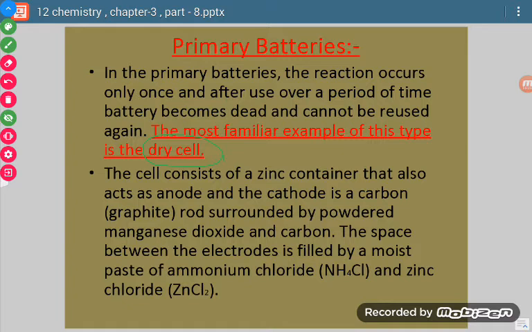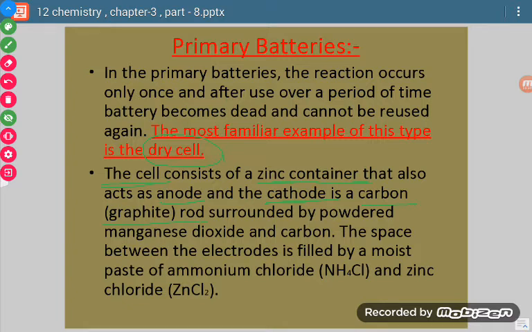Now let us talk about the construction of this cell. This dry cell consists of a zinc container which will act as anode, and a carbon rod which will act as cathode.